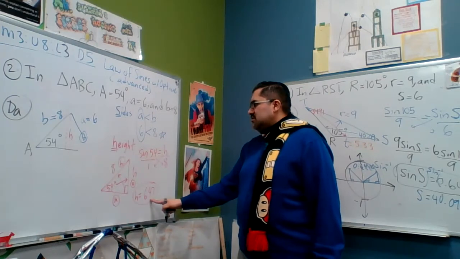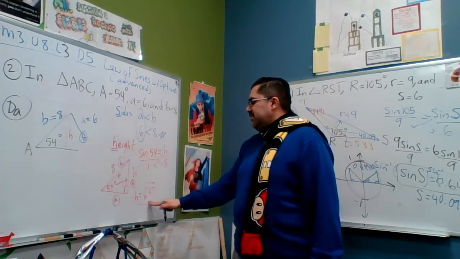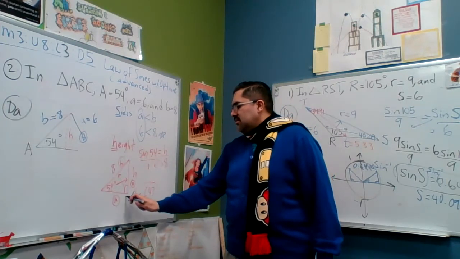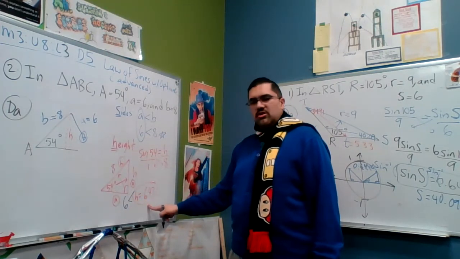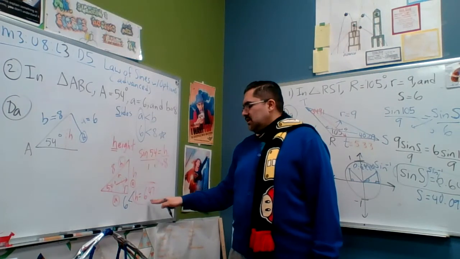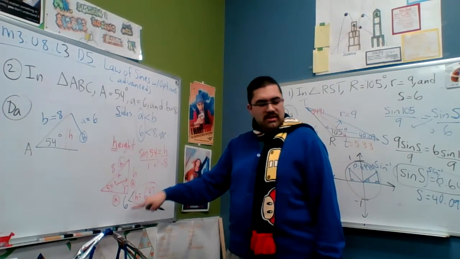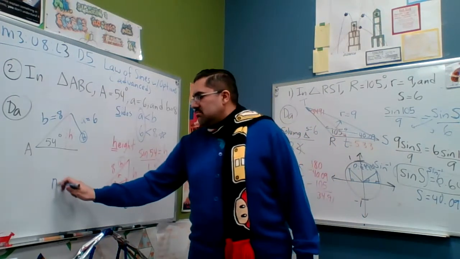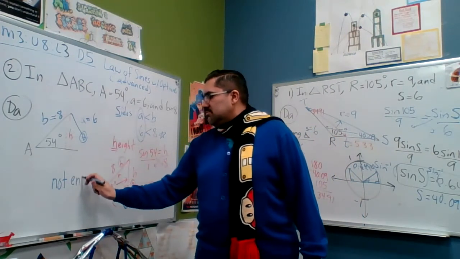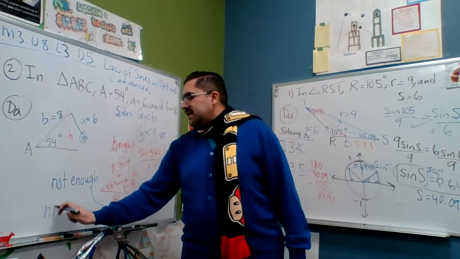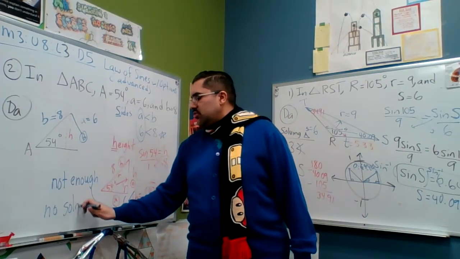But notice this is bigger than that, meaning my 6.47 is smaller. If you're trying to buy something that costs $6.47 and you only have $6, you don't have enough. So notice, not having enough over here means that there is no solution to this problem.